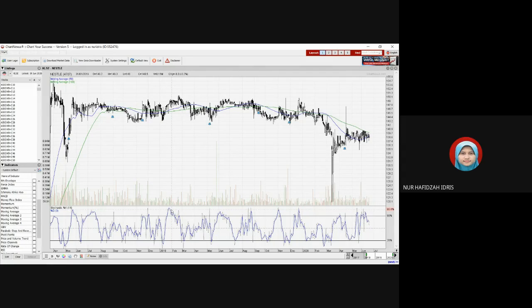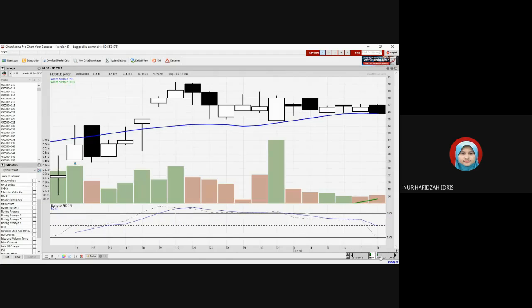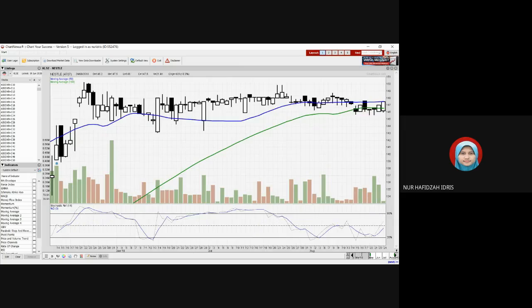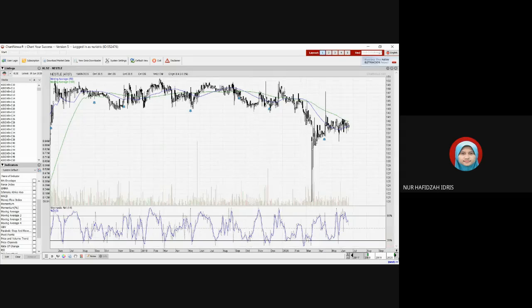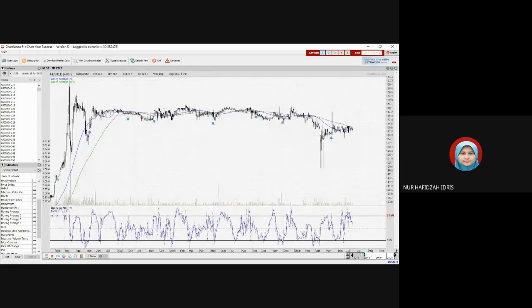Dia ada tiga benda kan. Satu adalah the 80 and 20% overbought and oversold. So this is all of the price, so any price that goes more than 80% kat sini, ini adalah overbought.